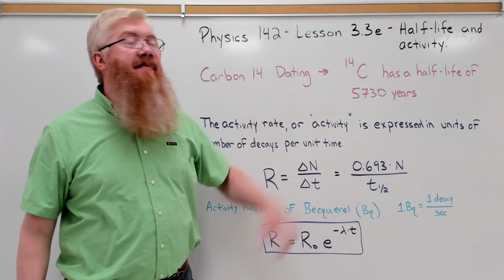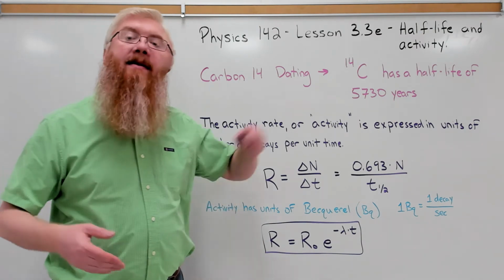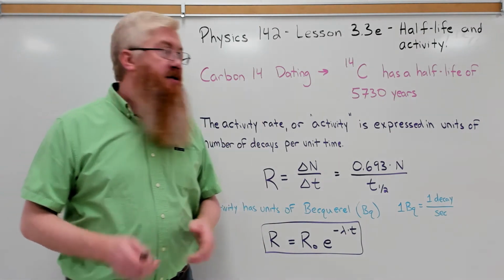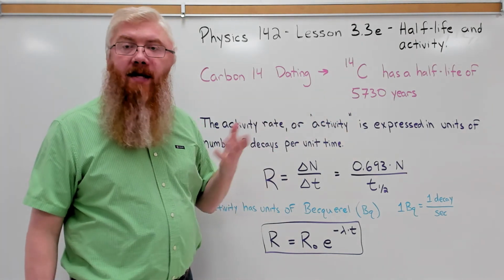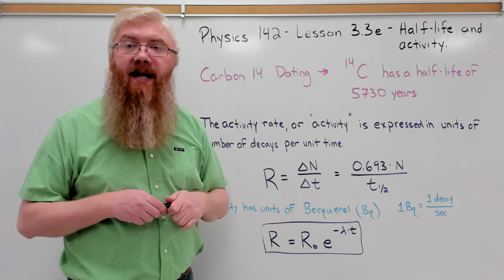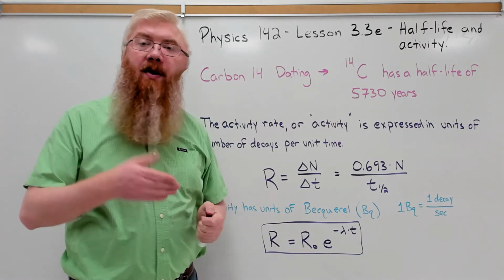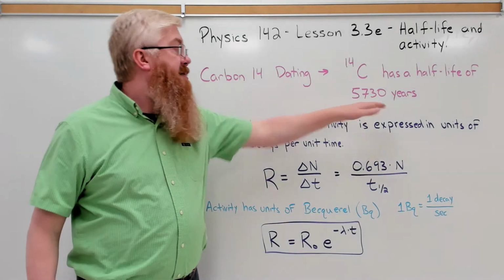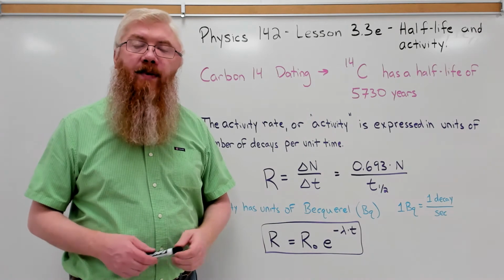After another 5,730 years, it's cut in half again, and then again, and so on. So if you start off with, for example, 400 carbon-14 atoms, after 5,730 years you'll have 200. Then after another 5,730 years, you'll have 100, then 50, then 25, and so on.